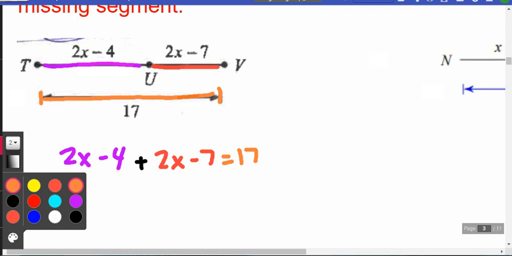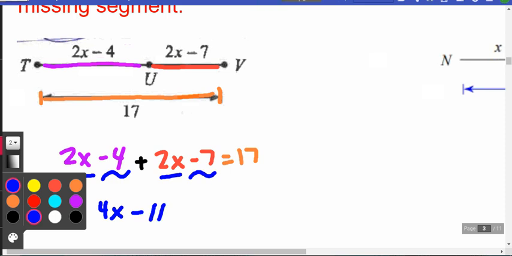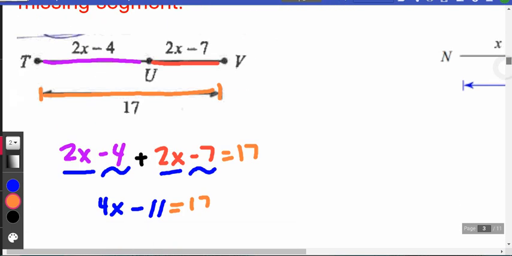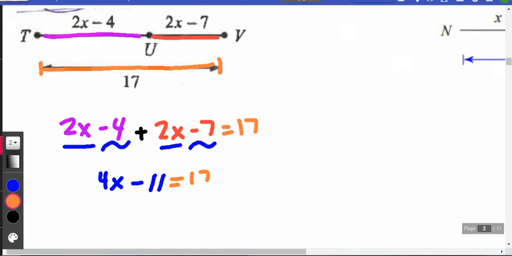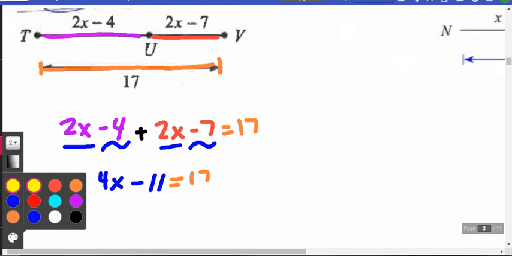Now let's start simplifying the left-hand side of the equal sign. 2x and 2x are like terms, which result in 4x. Negative 4 take away 7 is negative 11, equals 17. Now add 11 to both sides.